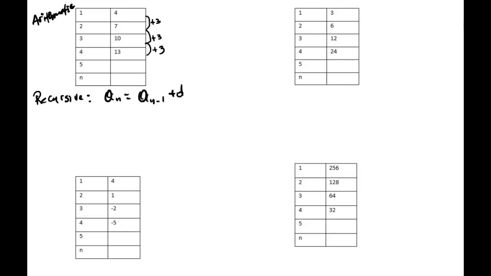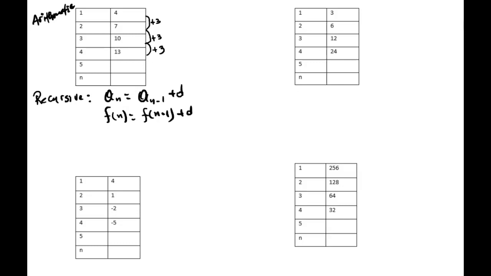Or you can say f of n, that's the function notation, f of n equals f of n minus 1 plus the common difference. So either way it means the same thing. a sub n minus 1 and f of n minus 1 are just the previous term. These are the term we're looking for, and these are the previous term.